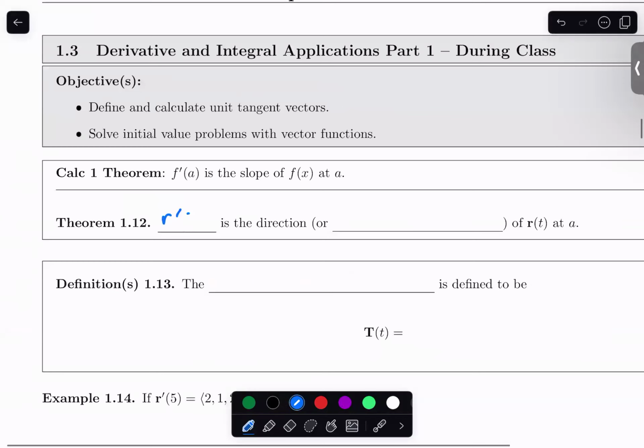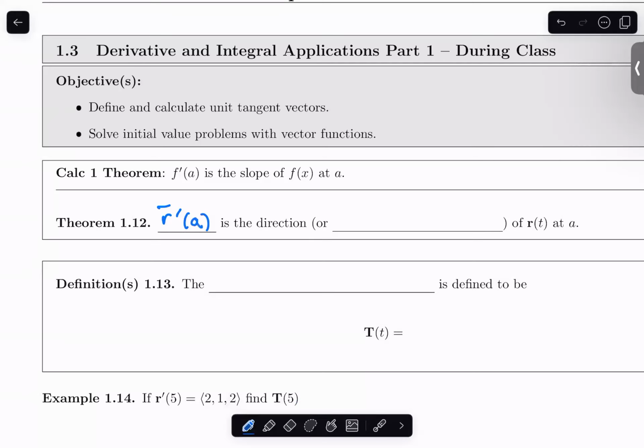Likewise, as I already kind of spoiled the surprise, the derivative of our vector valued function at some time, say a, is the direction, or the direction vector, that our function is heading towards at this time. So again, you think of it as a slope. It's telling you the direction in which this vector valued function is headed.